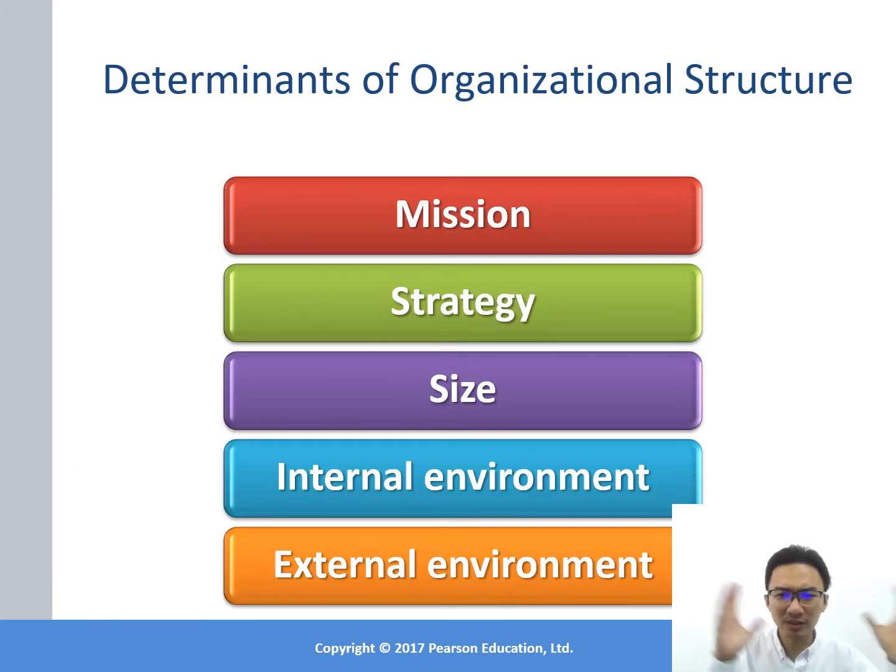So how do we create this chart or structure of the company itself? Whether it's a big structure or small structure, how does it look? There are a couple of things, or many factors, that play a part in determining the optimal structure of an organization. One of the top things that determines this is the organizational mission and strategy.